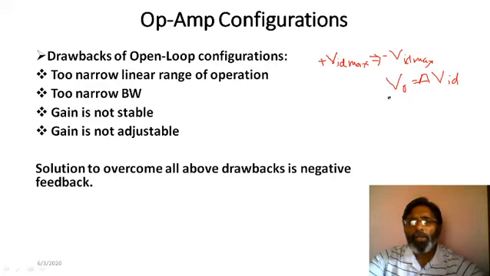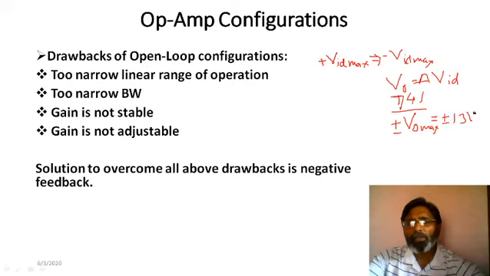Now, for the 741 op-amp, plus minus VO max is equal to plus minus 13 volt, and we know that A is equal to 2 into 10 to the power 5.